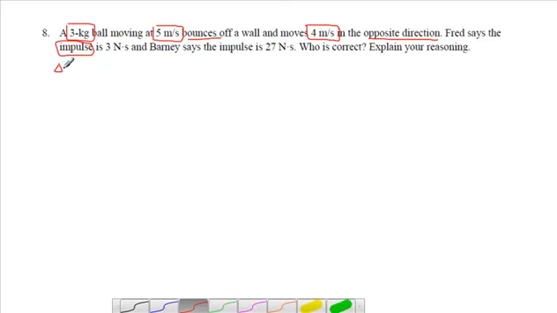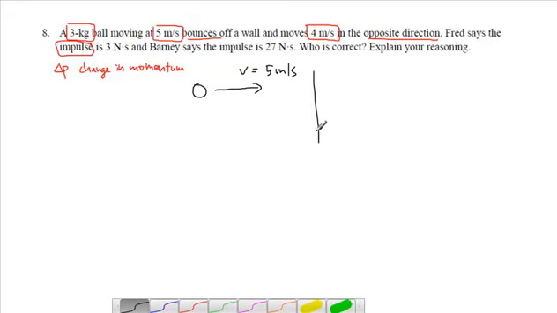Okay, so I don't want to look at this as much using equations, only momentum. Let's just think about this momentum. If I have a ball with a certain velocity going this way, 5 meters per second, and it hits a wall, and now is going the other way at 4 meters per second.